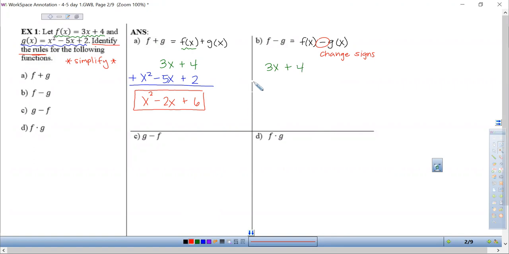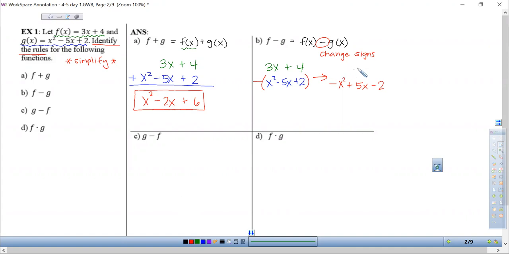and I'm subtracting g, which was x squared minus 5x plus 2, what that really means is I'm subtracting x squared, I'm adding 5x, and I'm subtracting 2 if I change all those signs in g.